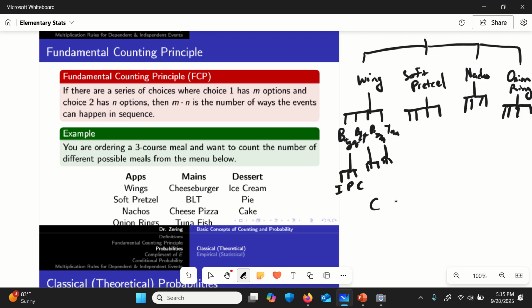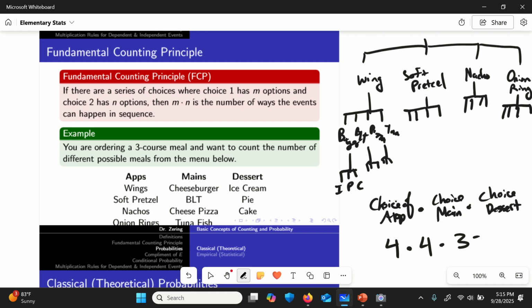So we'll have our choice of appetizer times our choice of main dish times our choices for dessert. And that is 4 choices for appetizers times the 4 choices for the main dish times the 3 desserts.